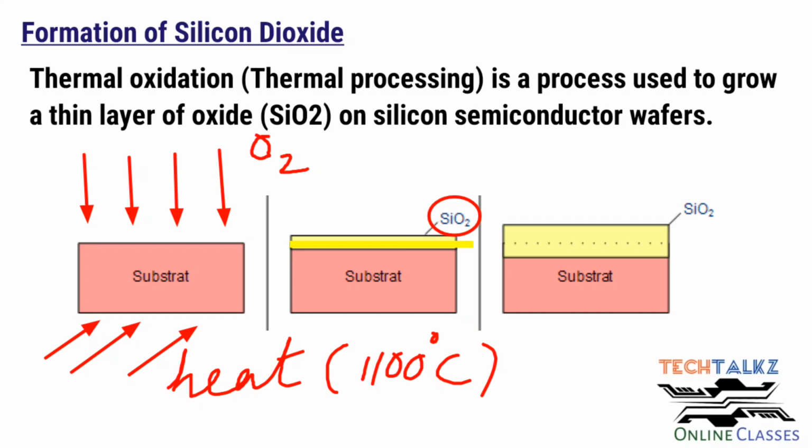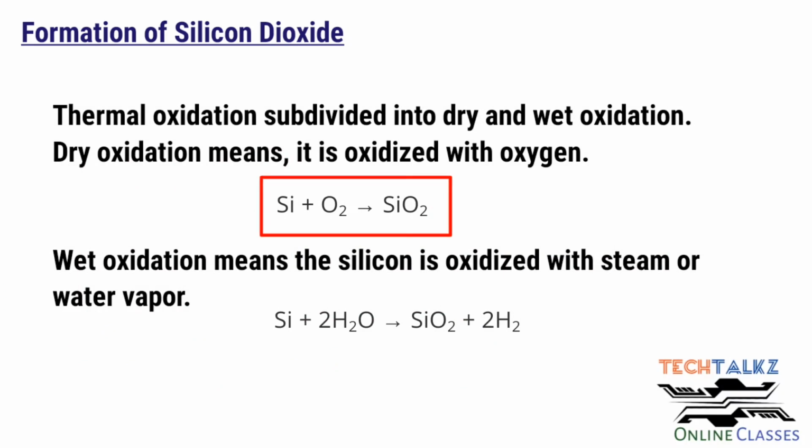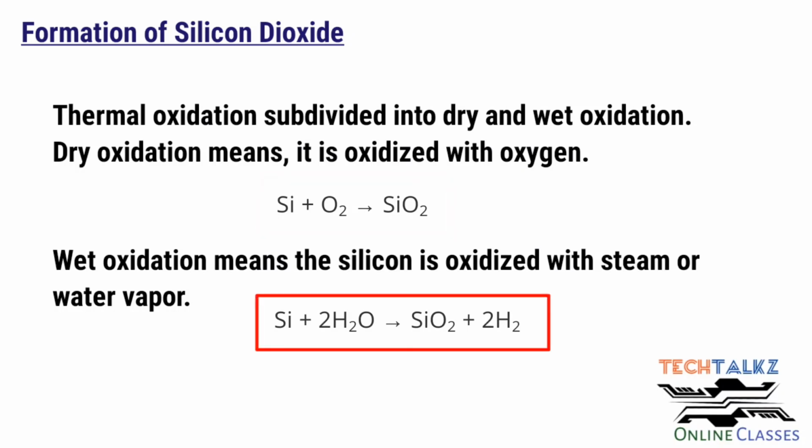The thermal oxidation can be dry or wet, dry oxidation or wet oxidation. In dry oxidation, silicon reacts with oxygen gas at high temperature to form silicon dioxide. Then in wet oxidation, silicon reacts with water vapor or steam at very high temperature to form silicon dioxide and hydrogen gas.